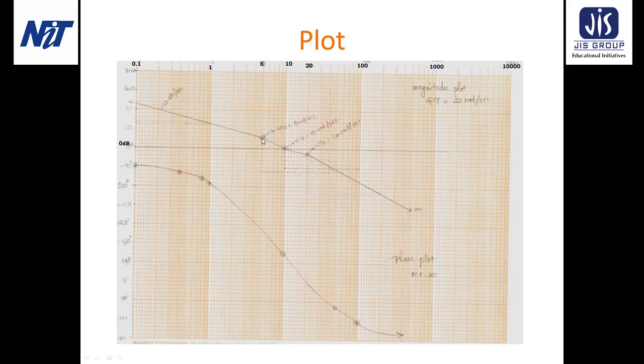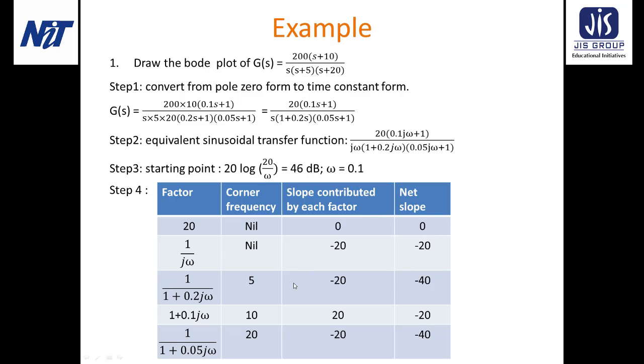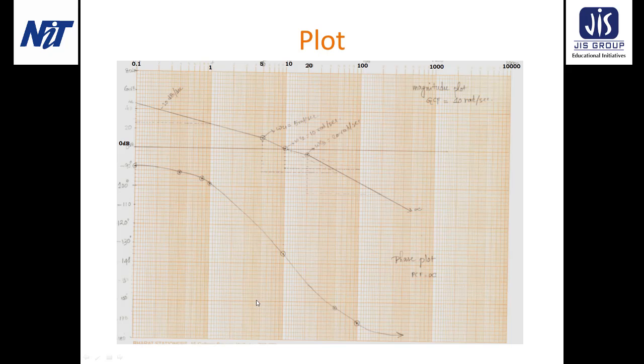And after the first corner frequency, the slope has changed into minus 40 dB per decade. And this minus 40 dB per decade slope will continue up to the next corner frequency, 10 radian per second. This is the next corner frequency.